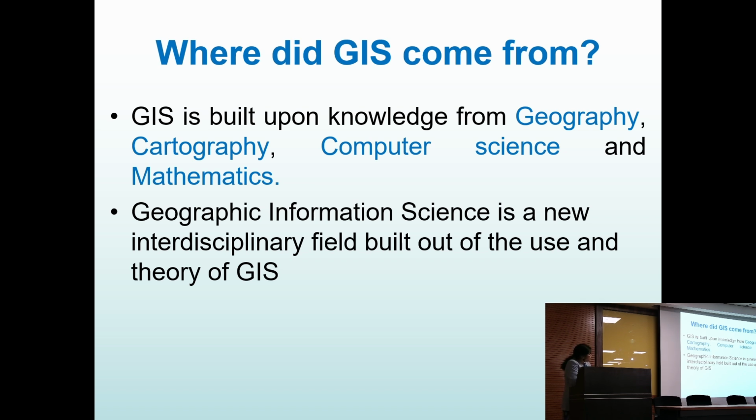The second subject which has contributed to bring GIS in present form is cartography, because one of the outputs of GIS is map, and cartography is art of map making.